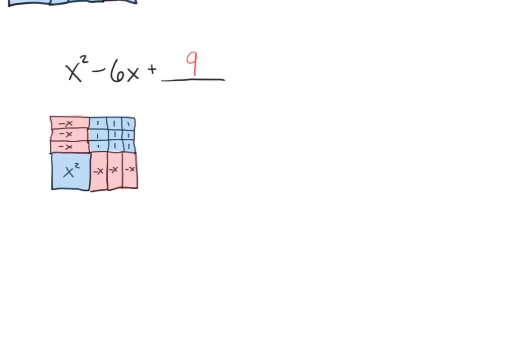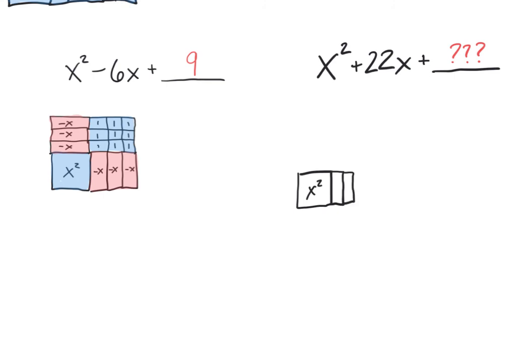Let's look at one more scenario, and I'm going to leave this previous setup over here so we can compare it, because what if we had x squared plus 22x? We need to figure out what to add to make this a perfect square. But if I start trying to draw that with algebra tiles, it's going to be humongous, and I don't have time for that.